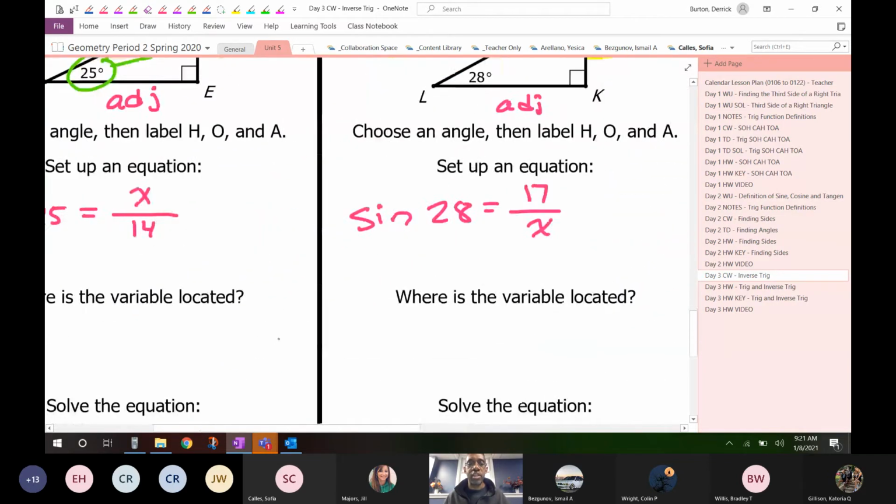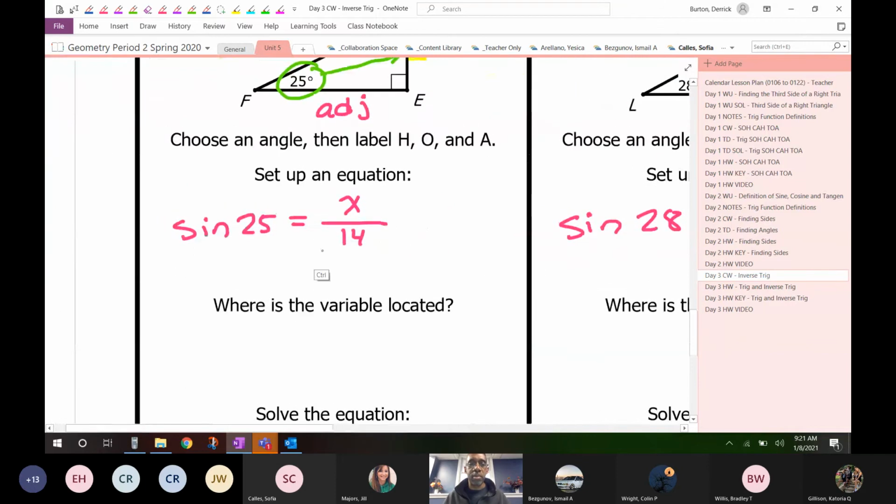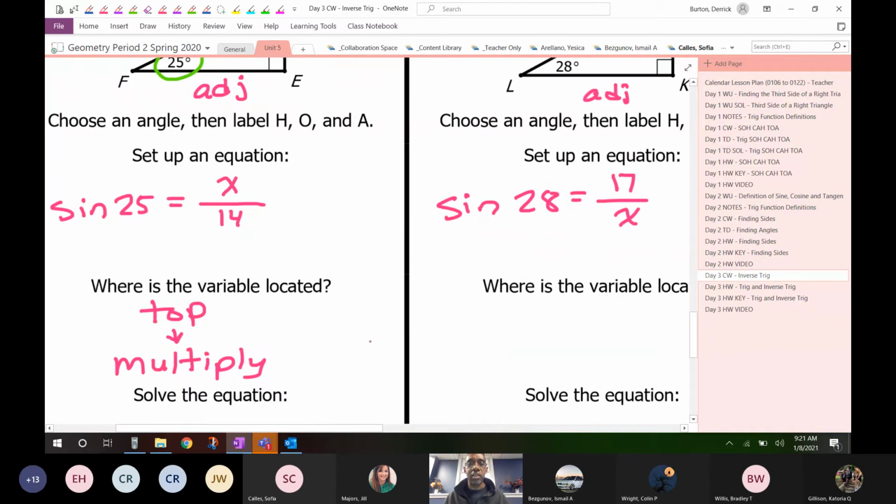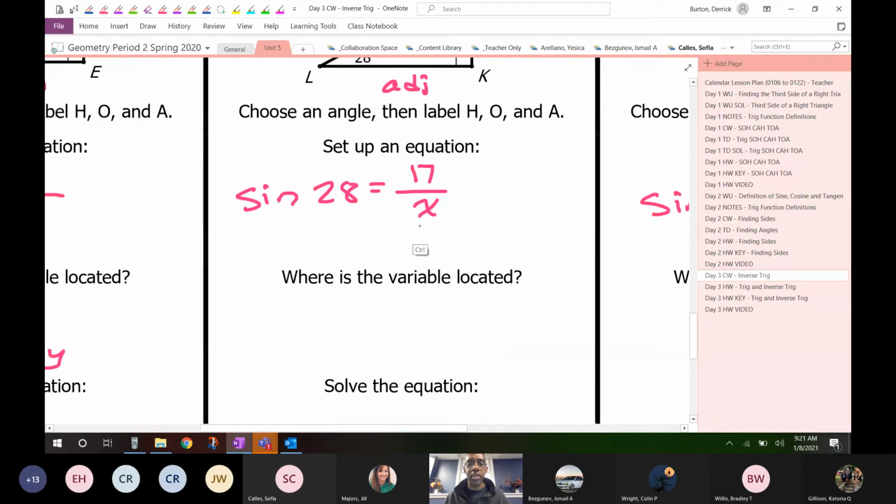So these are the three different situations. For the first problem, the variable is in the numerator. I'm just going to shorten that and say that the variable is in the top. And we have learned that when the variable is in the top, that is when you multiply. Okay, on the second situation, look where the variable is. The variable is on the bottom. And we learned yesterday that when the variable is on the bottom, that is when you swap.